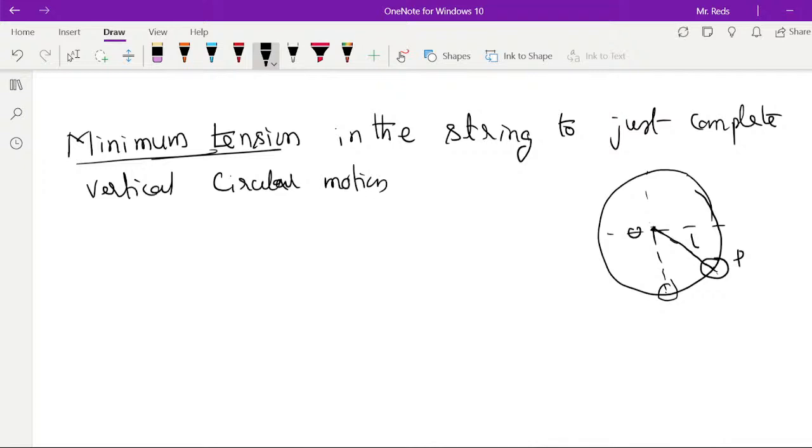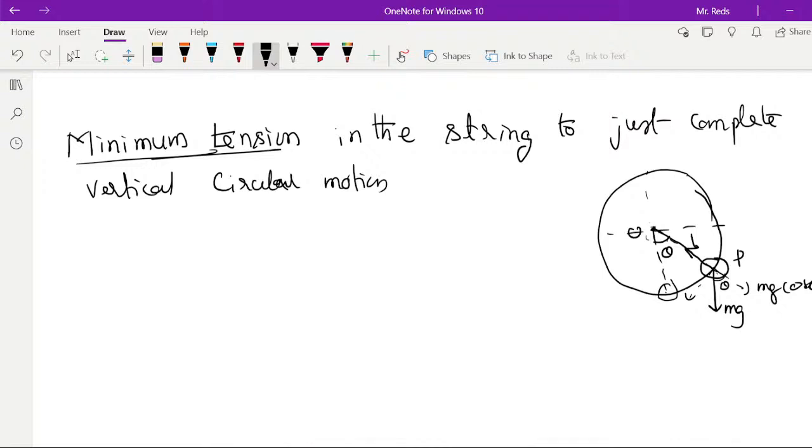I consider this is mg. If you pull this string through an angle theta, then by symmetry this will be mg, this will be theta, so this will be mg cos theta, and in this direction tension will be there, and here mg sin theta will be there.